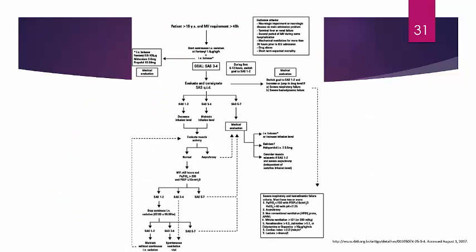This is just a little bigger version of the example protocol that was on the previous slide. So if you see here, you have a patient who's greater than 18 years old and has a mechanical ventilation requirement. So they say start IV continuous sedation with fentanyl. And then their goal SAS here is between 3 and 4. So remember, we want to keep them lightly sedated. And then you evaluate again later on.